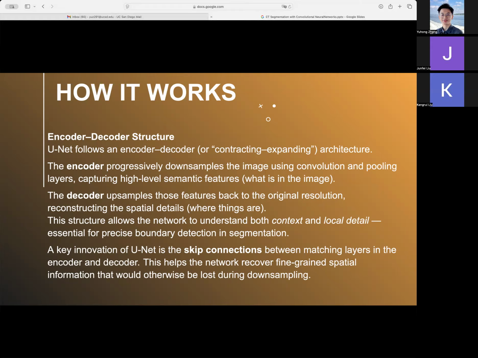After that, the decoder upsamples those features back to the original resolution. That's why in this part the images again become bigger and bigger. The structure allows the network to understand both context and local detail, essential for precise boundary detection in segmentation. One key innovation of UNet is the skip connections between matching layers in the encoder and decoder. This helps the network recover fine-grained spatial information that would otherwise be lost during downsampling. This is indicated by the gray arrows in the figure on the last slide. Next page, please.